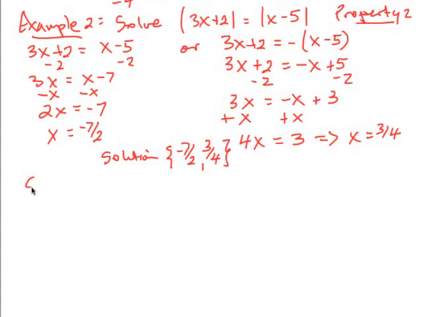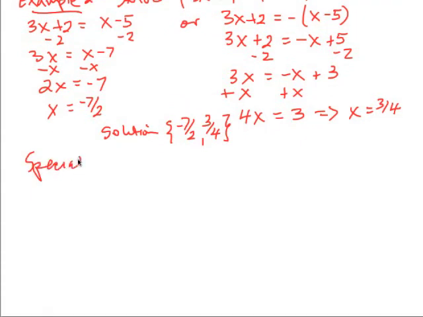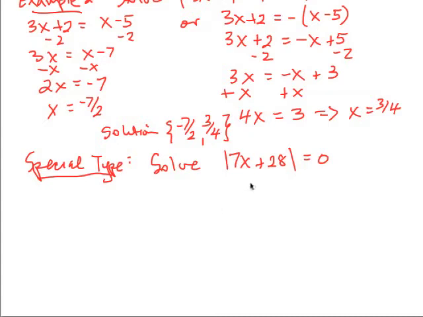Now, a special type that we should mention here is what happens if we want to solve the absolute value of 7x plus 28 is equal to 0. Notice this is the absolute value. We want to know how far away this is from 0.